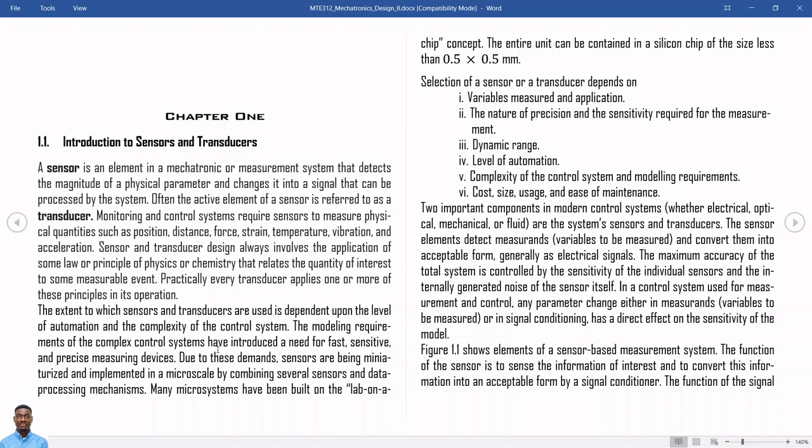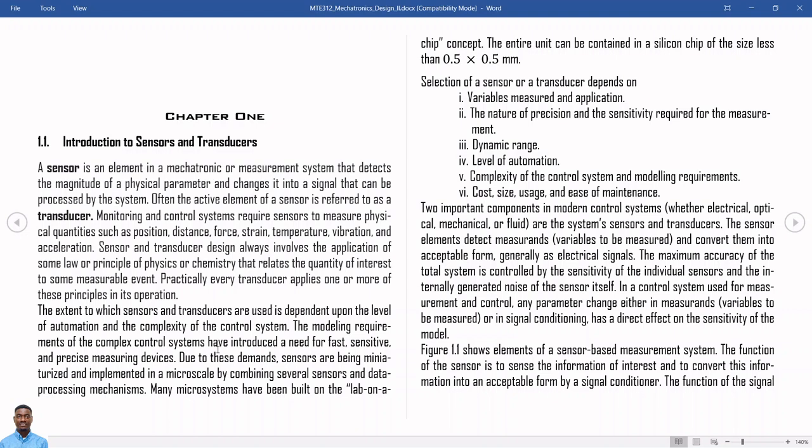And due to that, demand for sensors is on the increase, and also the demand for them to be miniaturized so that they can be implemented on a very micro scale, by combining several sensors into a single unit, has also increased because of the increase in the design of complex control systems.